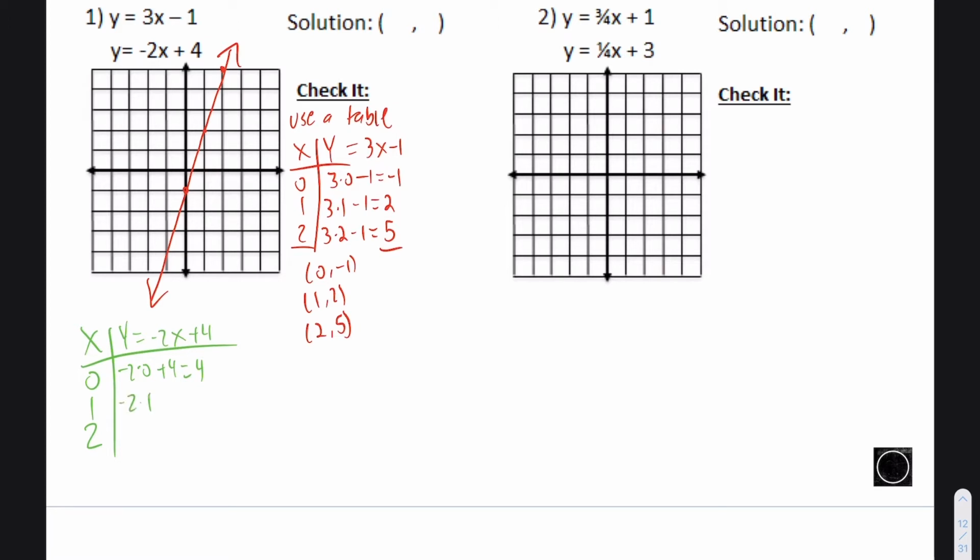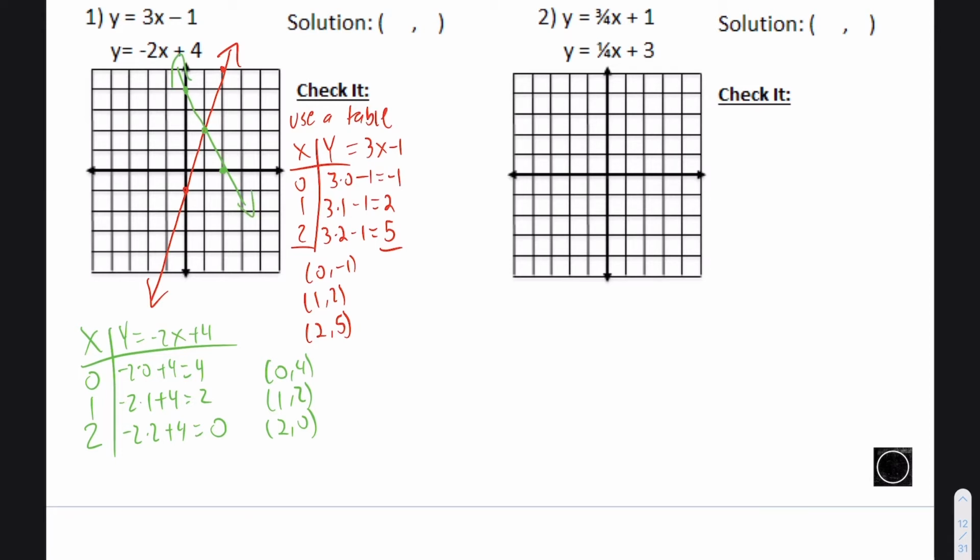Negative 2 times 1 plus 4 is 2. Negative 2 times 2 plus 4 is going to make 0. So our ordered pairs are 0, 4, 1, 2, 2, 0. Connect those ones with a line.